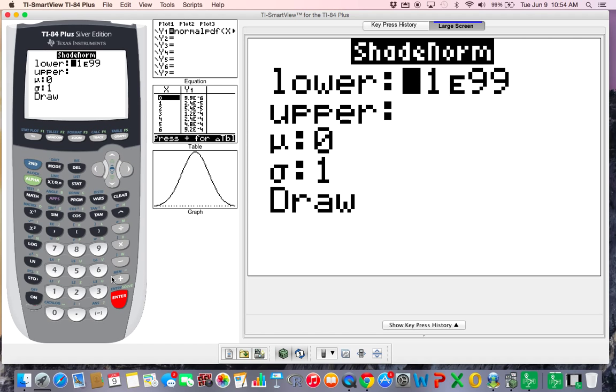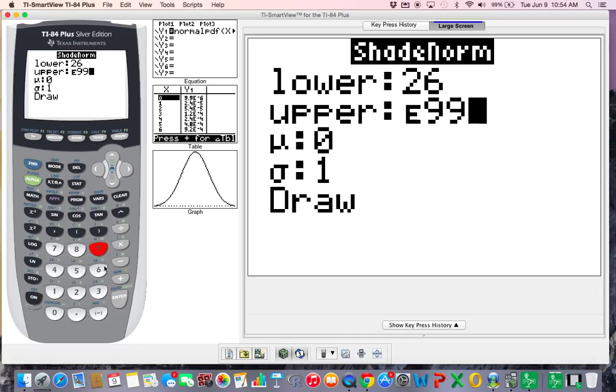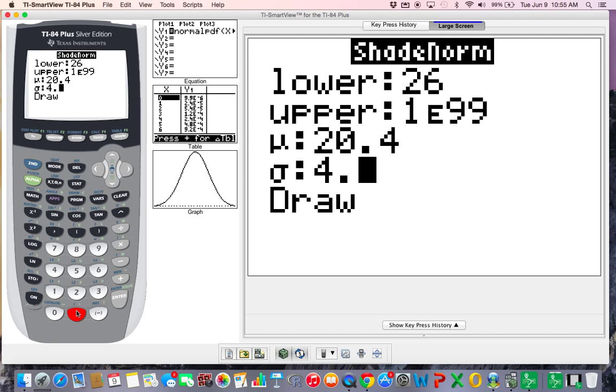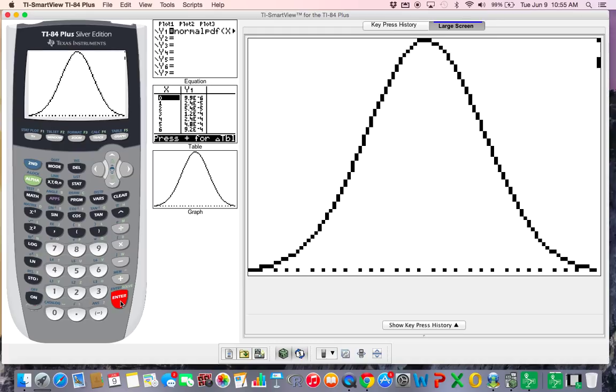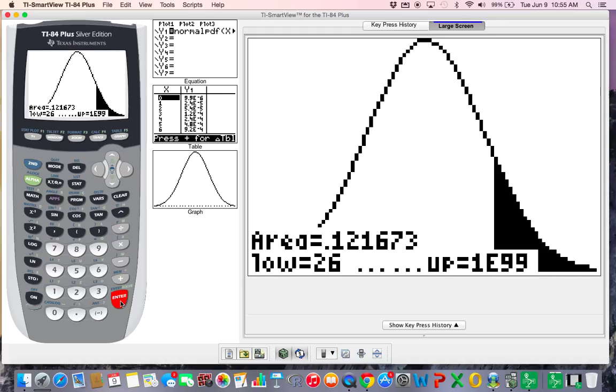My lower bound here, I want my shading to go from 26 up to E99. And again, I want this on the distribution with a mean of 20.4 and a standard deviation of 4.8. I can go draw, and it's going to draw out the area under the curve that coincides, and as the area, it'll give you your answer of 0.1216 that we knew before.